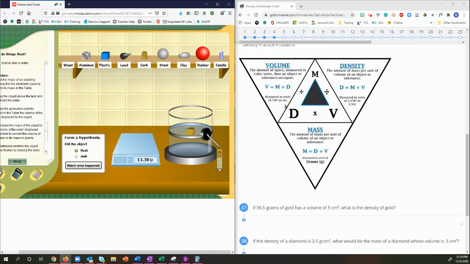If I'm trying to find the density, I need to do mass divided by volume. If I'm trying to find the volume, I need to do mass divided by density. This diagram is meant to help you remember the formula, especially for those of you that are not huge fans of algebra. Trying to figure out what to do with the formula when you're missing a variable can be confusing, so this diagram should help you.